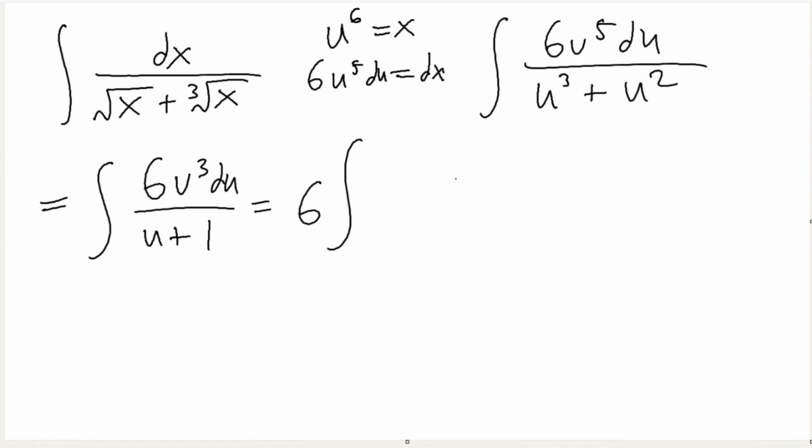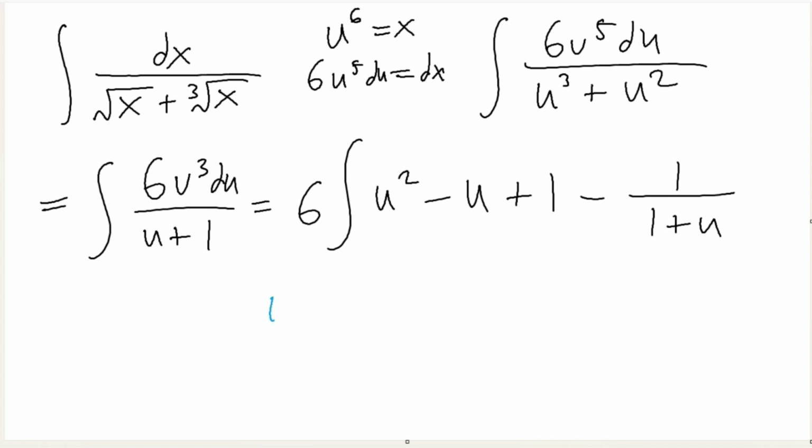And most commonly, we get a polynomial division. So now this is just, let's say, u cubed. So it's u squared minus u plus 1 minus 1 plus u, which is what we get.